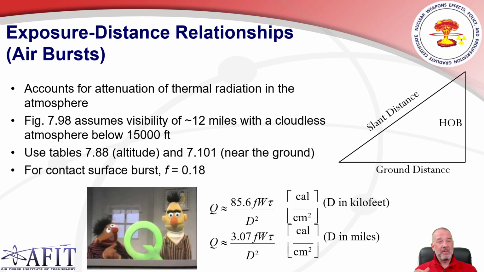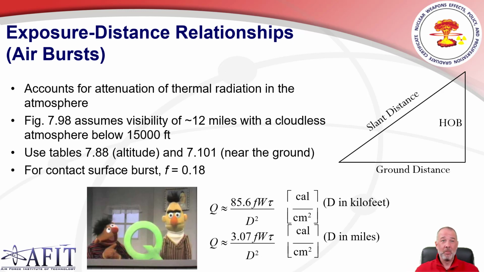So remember when I said we have the height of burst and we have the distance away. The total distance between what you care about and where the weapon detonated is called the slant range. And if you remember back to some geometry, if you have a right triangle, the hypotenuse that connects the adjacent and opposite legs, that's the slant distance.